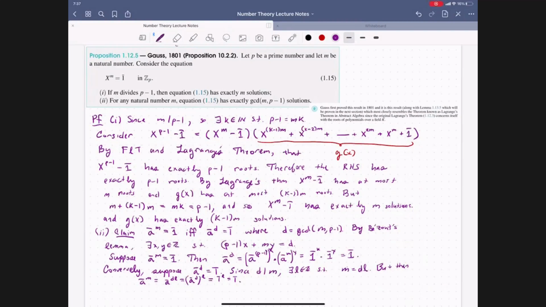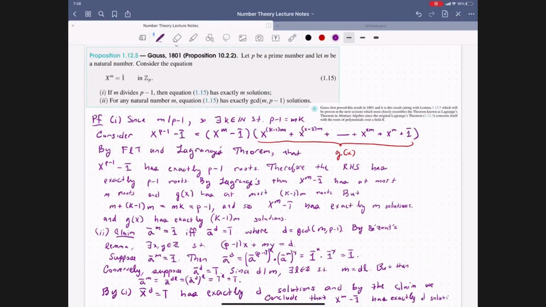Okay, so now by part 1, x to the d equals 1 bar has exactly these solutions, and by the claim we now conclude that x to the m minus 1 bar has exactly these solutions.